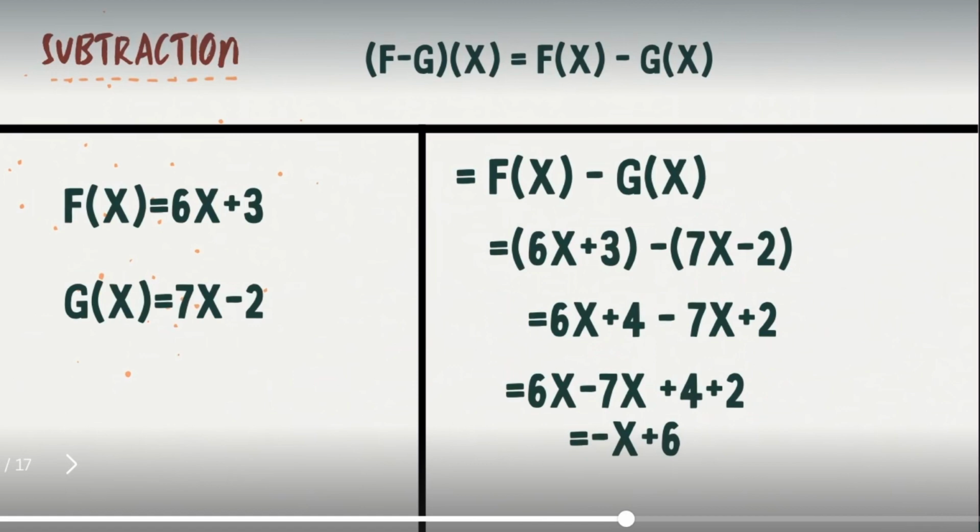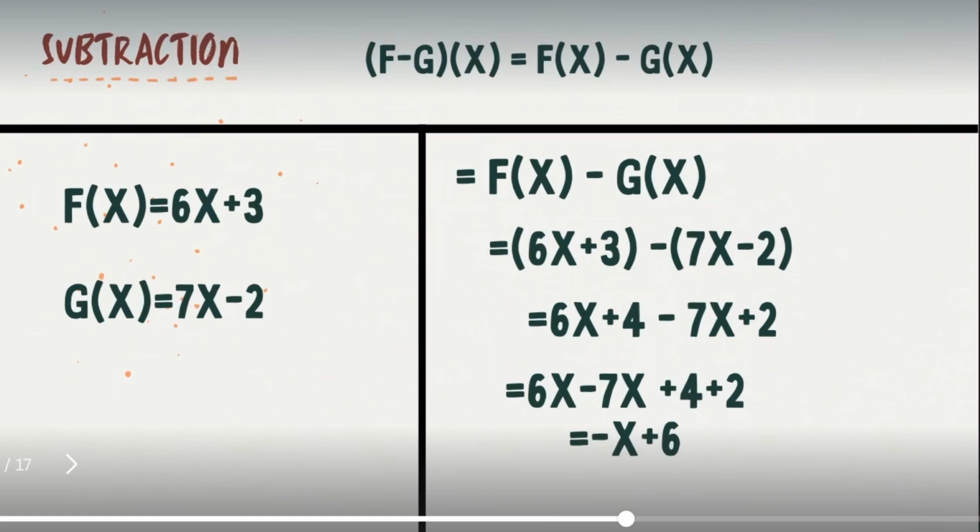Okay, now you have to change the sign. Positive 6x minus negative 2, that will be positive, and then you have to change it. 6x plus 4 minus 7x plus 2.